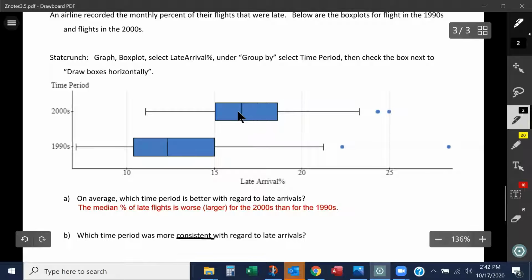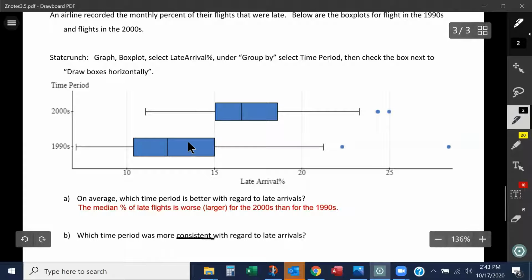When I look at the 90s, the middle half of the months is maybe around 10.5 or 11 to 15. So this is closer to 4%. So the spread for the 90s is a little bit more spread out than the spread for the 2000s. So we would say in the middle half that the smaller spread is more consistent.